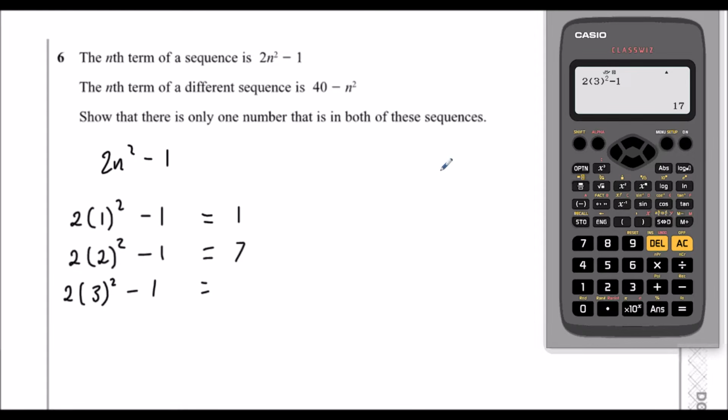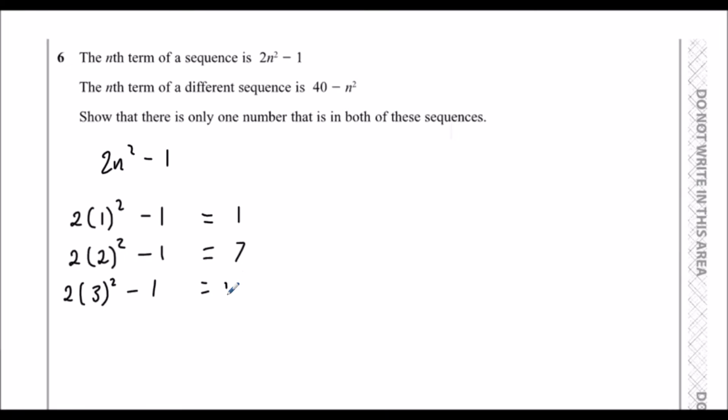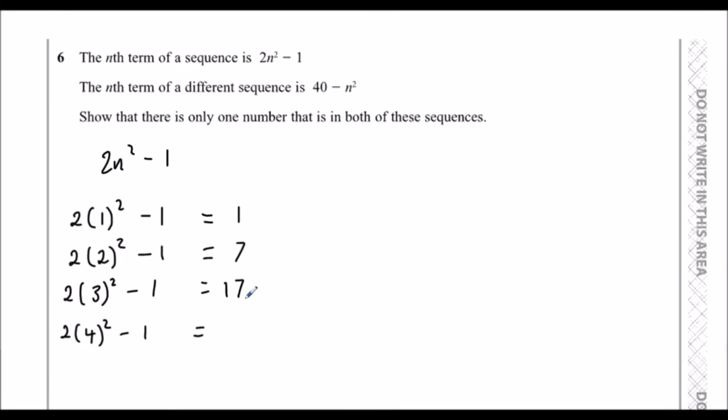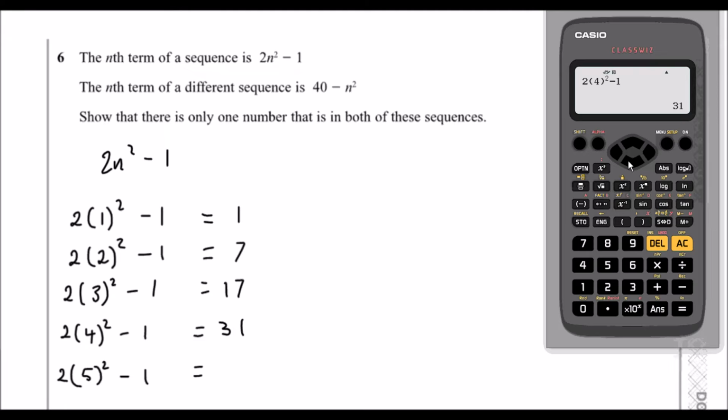So that's 17. 2 times 4 squared minus 1 is 31. And I really want to go over 40, so we'll do 2 times 5 squared minus 1, which is 49.